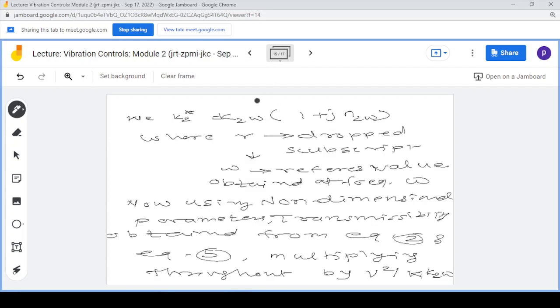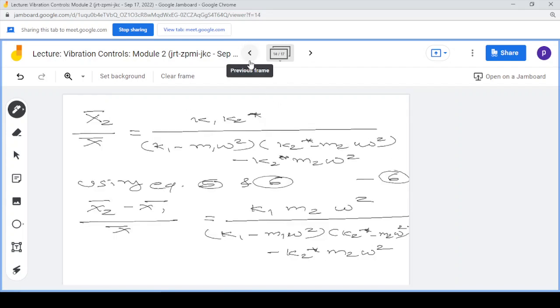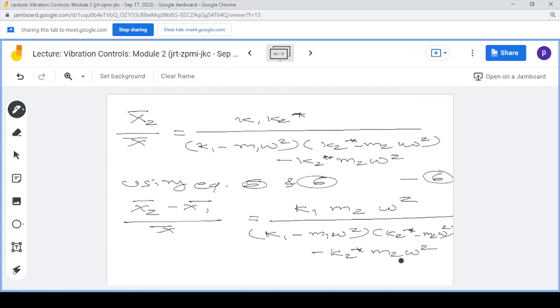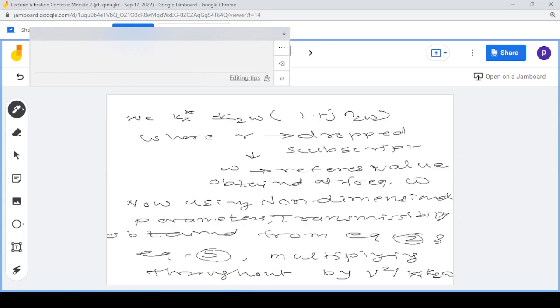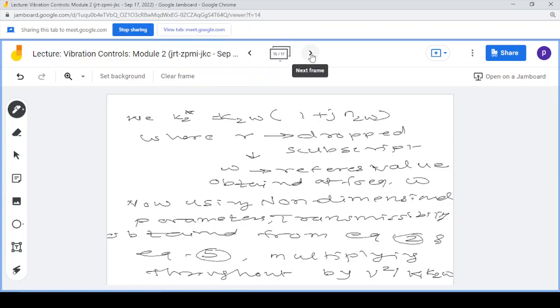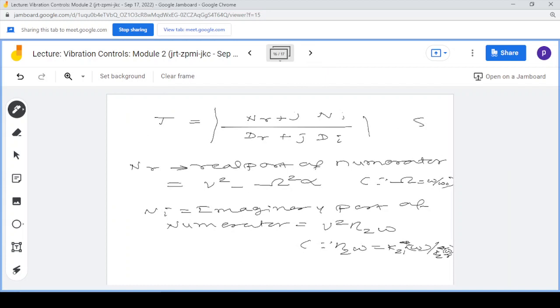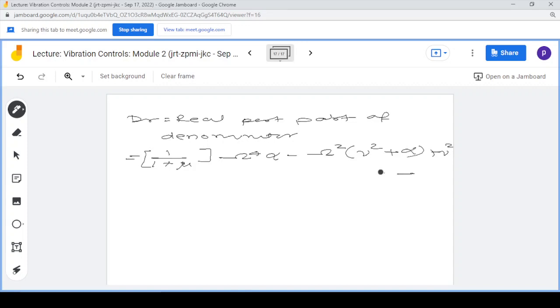This was 6. Let us call this as 7, this as 8, this as 9, this as 10, and this as 11.